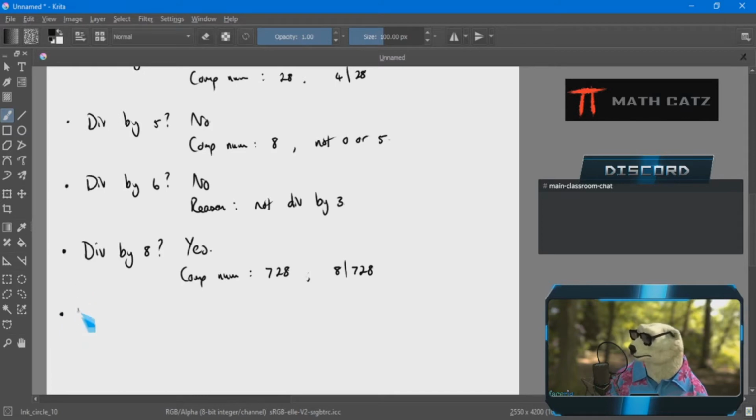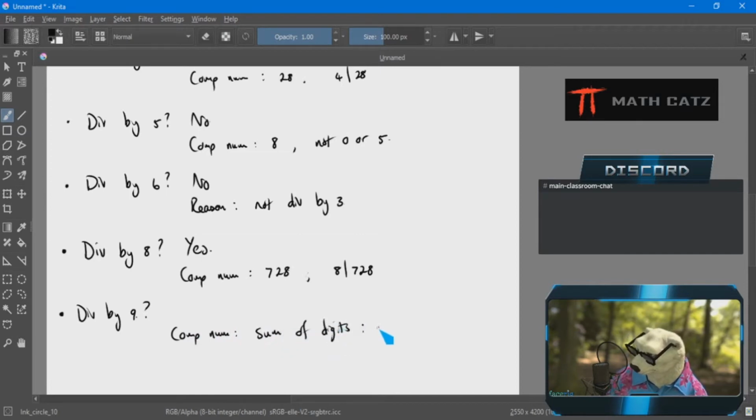And then divisibility by 9. For that, I have my comparison number again, the sum of the digits, which is 55. I hope that's correct. No one says otherwise. And 9 does not go into 55, right? 9 doesn't like 55. 54 would have been good, but it is not what I have.